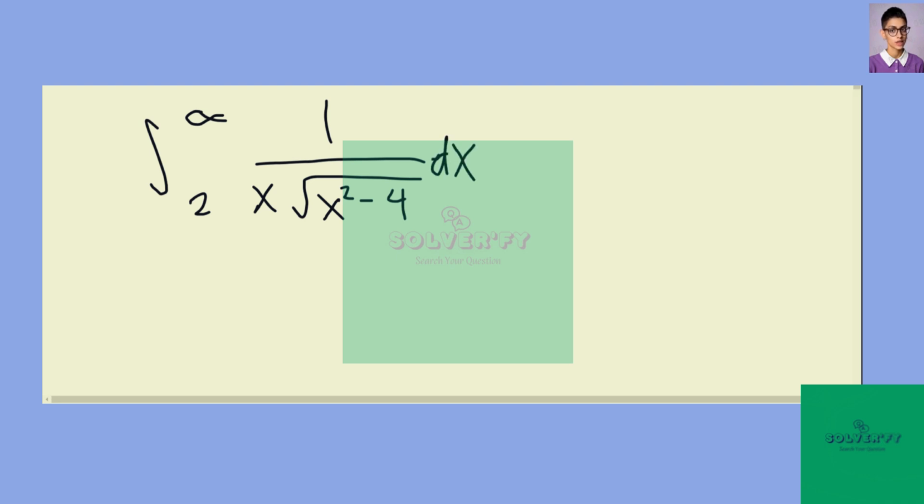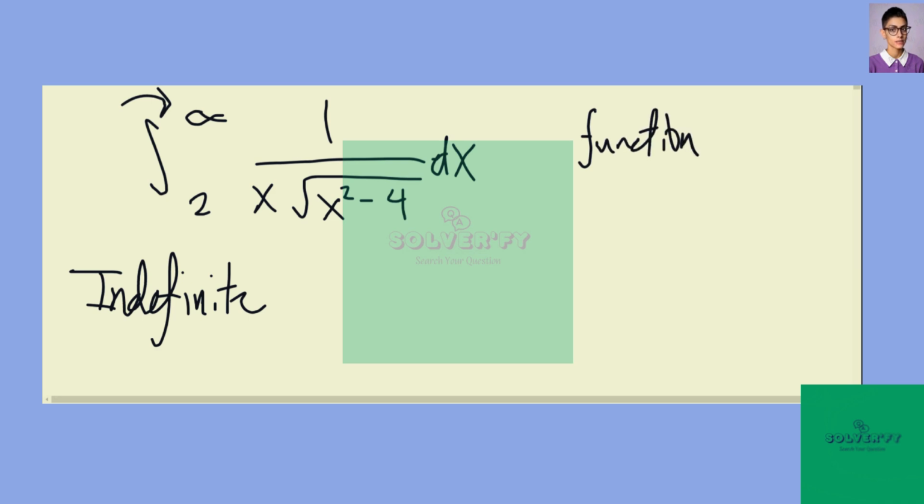What makes this integral special is that it is clearly an improper integral, not only because we have an infinite limit of integration, but also because our function on the inside is discontinuous at x equals 2.